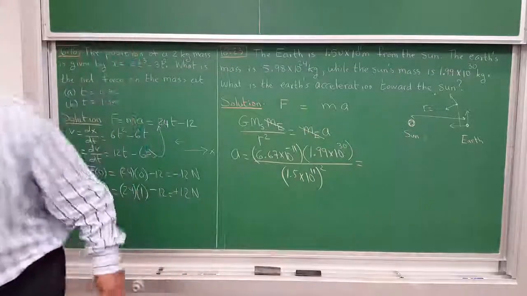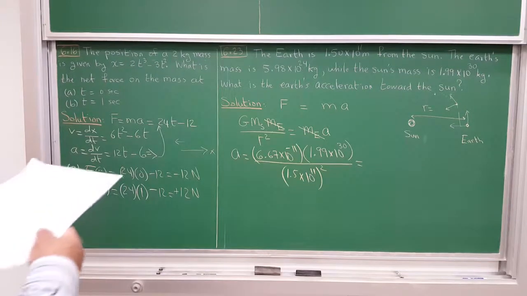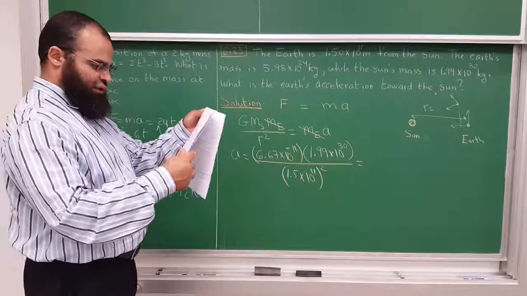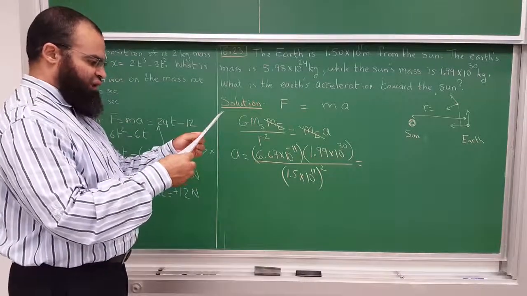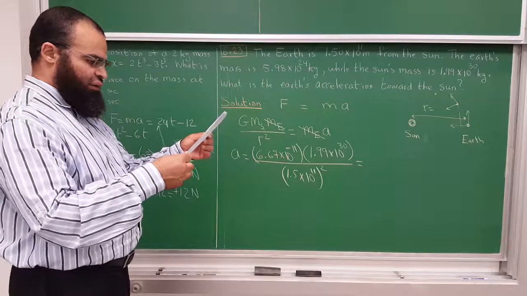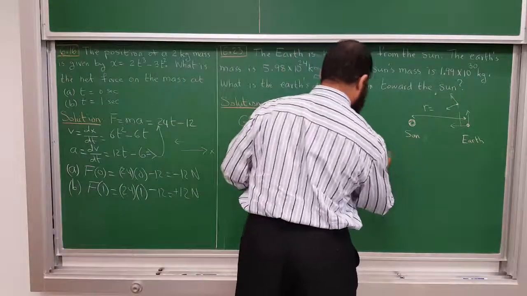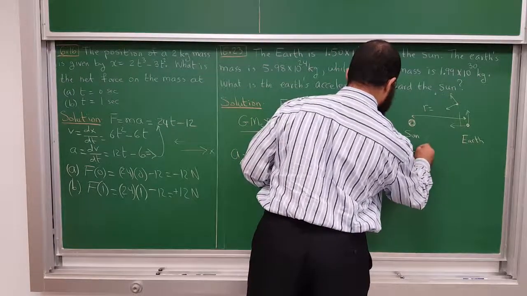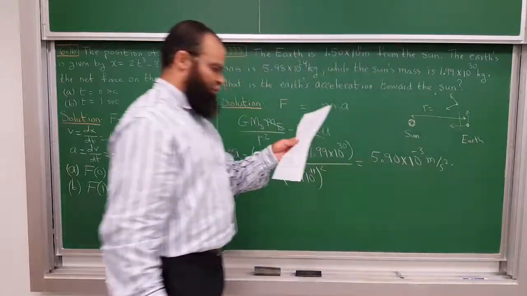I will just quote you the number here. I happen to have it. It is 5.9 times 10 to the minus 3. Let me make sure I got it. Yeah, 5.90 times 10 to the minus 3 meters per second squared.